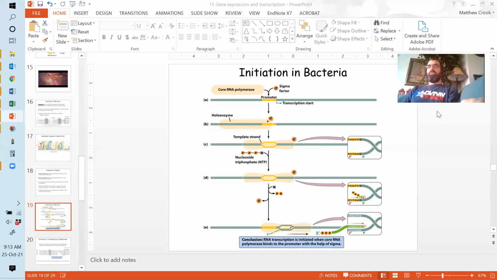So it's pretty straightforward. Essentially what happens then is that all of the proteins required for the polymerase to do its job, of which there are many, assemble on the promoter, kind of glom on.